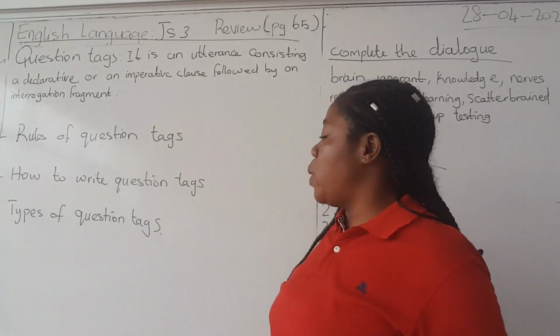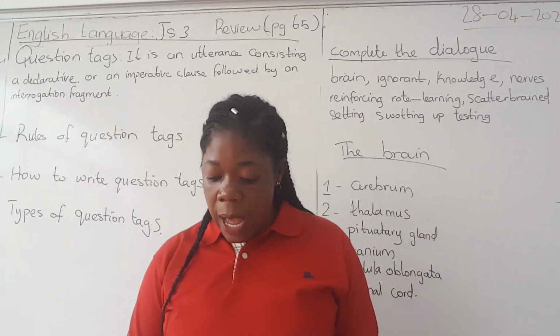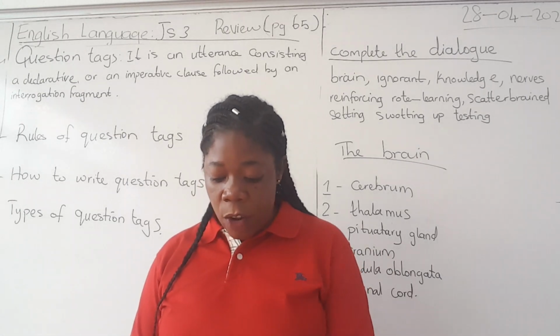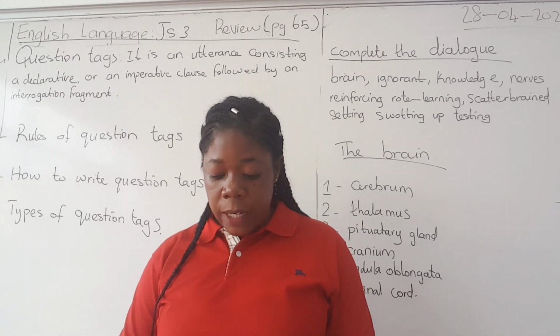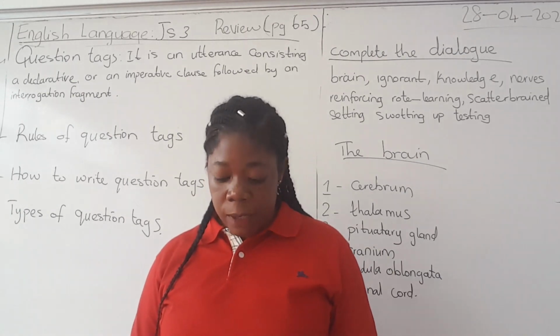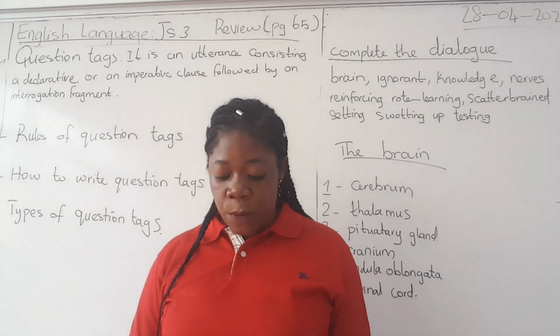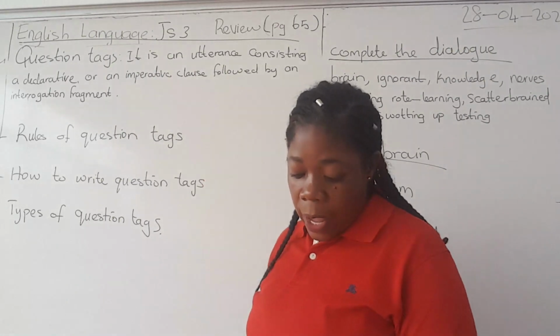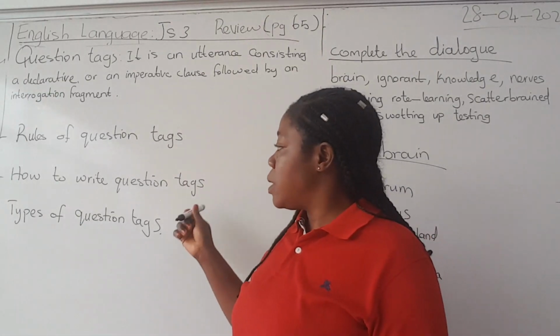And how do we write these question tags? Question tags are formed with the auxiliary or modal verb from the statement and the appropriate subject. A positive statement is followed by a negative question tag, and a negative statement is followed by a positive question tag.